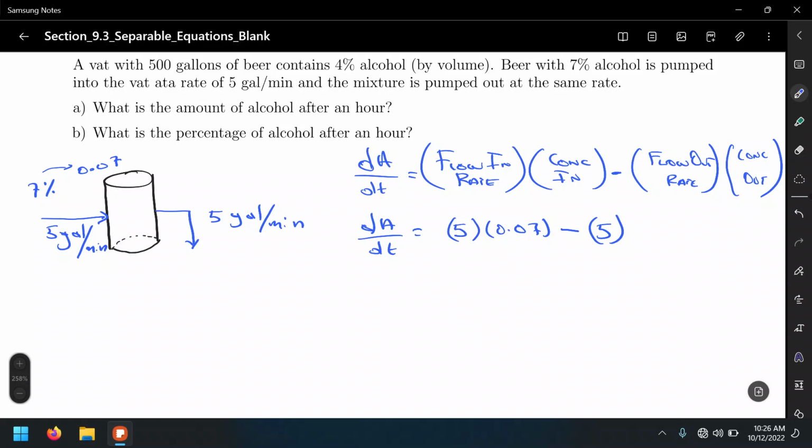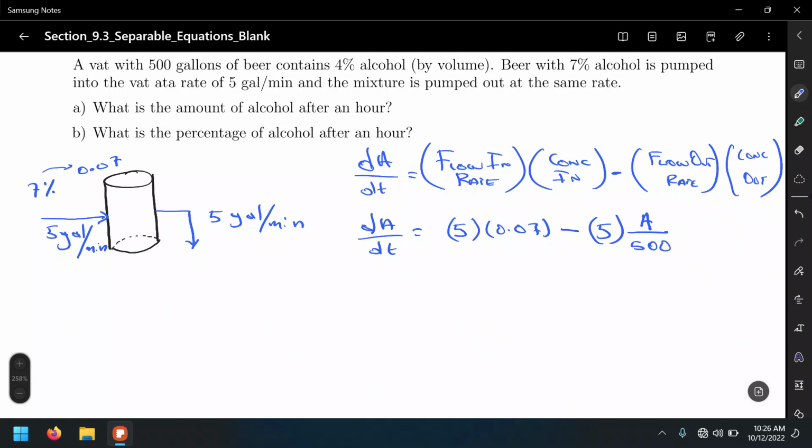Well, again, that's what varies, just the same way as the amount of salt in the tank from the previous problem. The amount that comes out of the tank is different at every single time. Let's call that A, over the total volume, which in this case is 500 gallons.